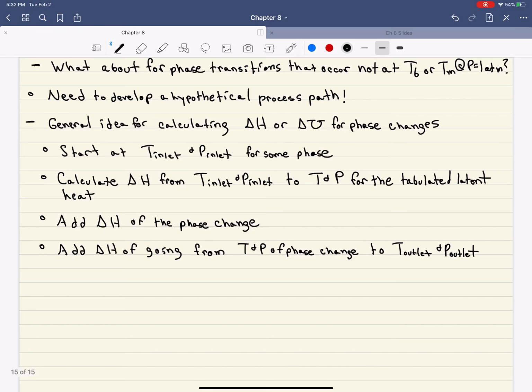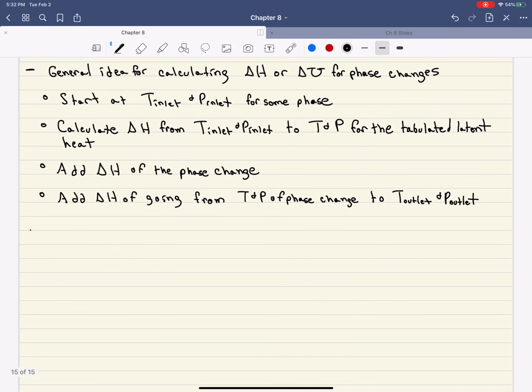Okay? And so mathematically, your total enthalpy change would be equal to the integral from T inlet to T tabulated of the heat capacity of the inlet phase.